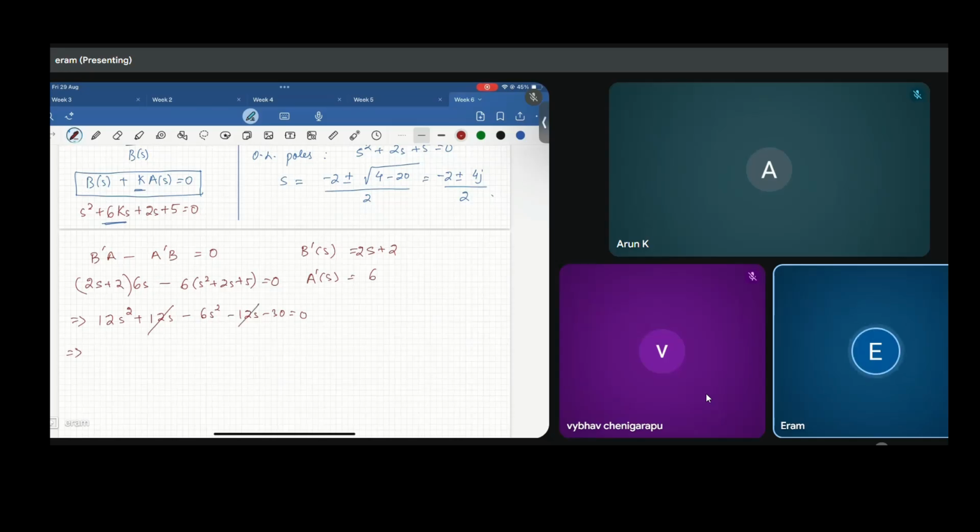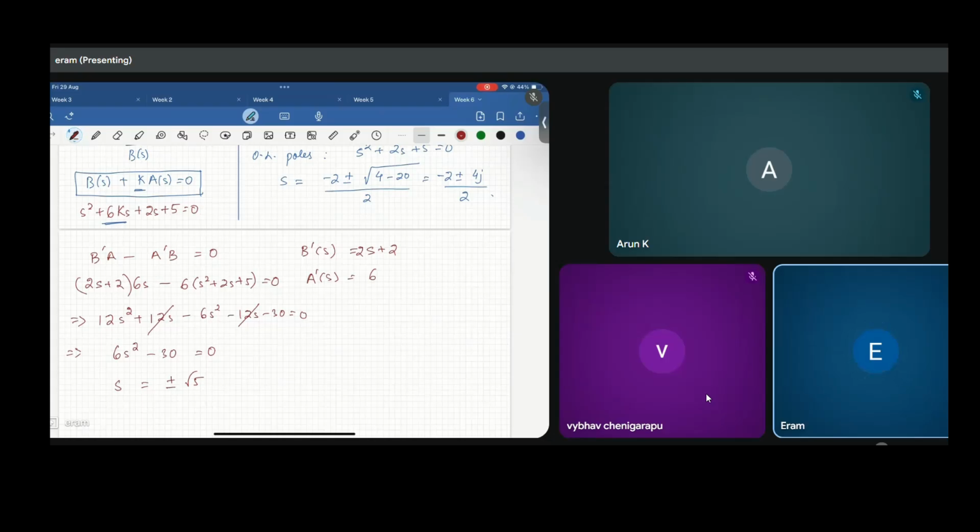We will have 6s square minus 30 equals 0. So s will be plus or minus root 5. Okay, so we are getting two points, plus root 5 and minus root 5.